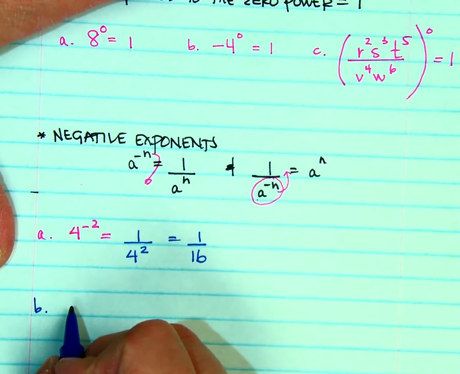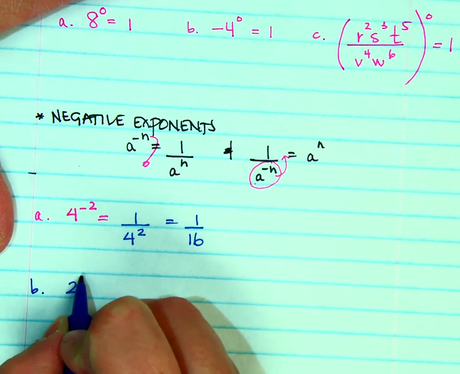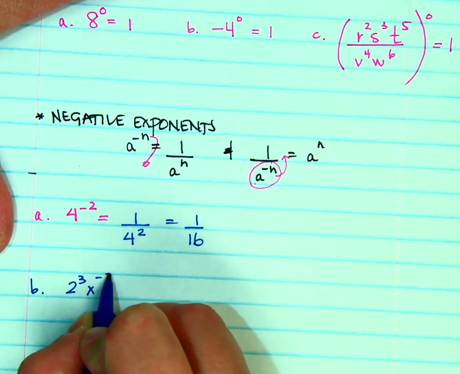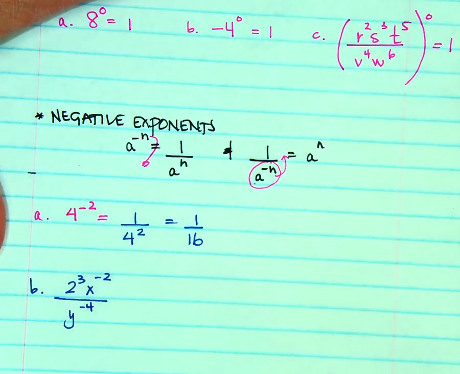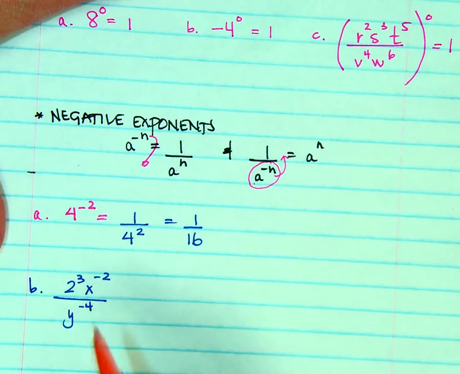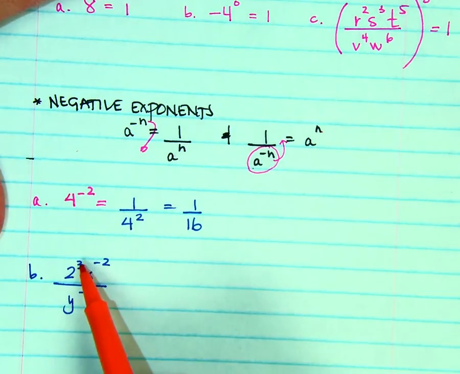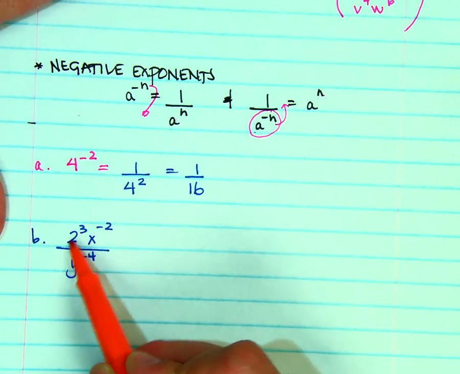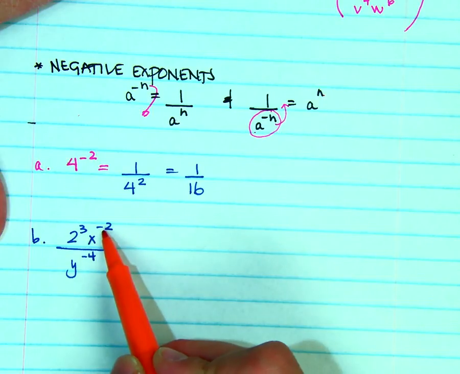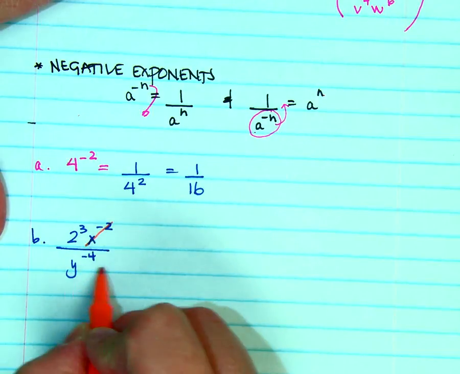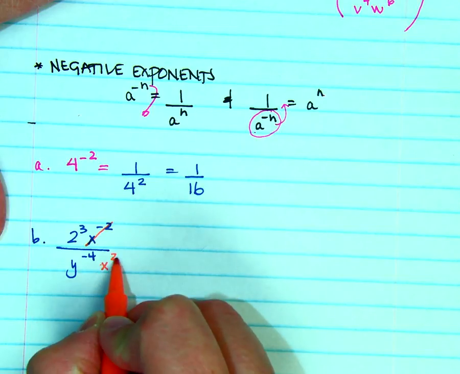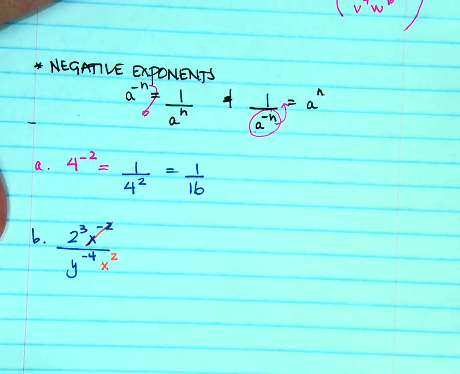B. If you have 2 to the third, x to the negative 2, and y to the negative 4. 2 to the third already has a positive exponent, so we are not going to move it. X to the negative 2 has a negative exponent, so I'm going to move it and the base down to the denominator and make it a positive exponent.